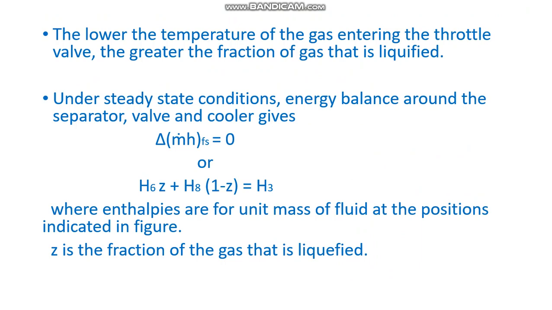Here, the lower the temperature of the gas entering the throttle valve, the greater is the fraction of gas that is liquefied. For this, we write the equation: under steady state conditions, the energy balance around the separator, valve and cooler gives Δ(m dot h) = 0, or h6 z plus h8 (1 minus z) equals h3.